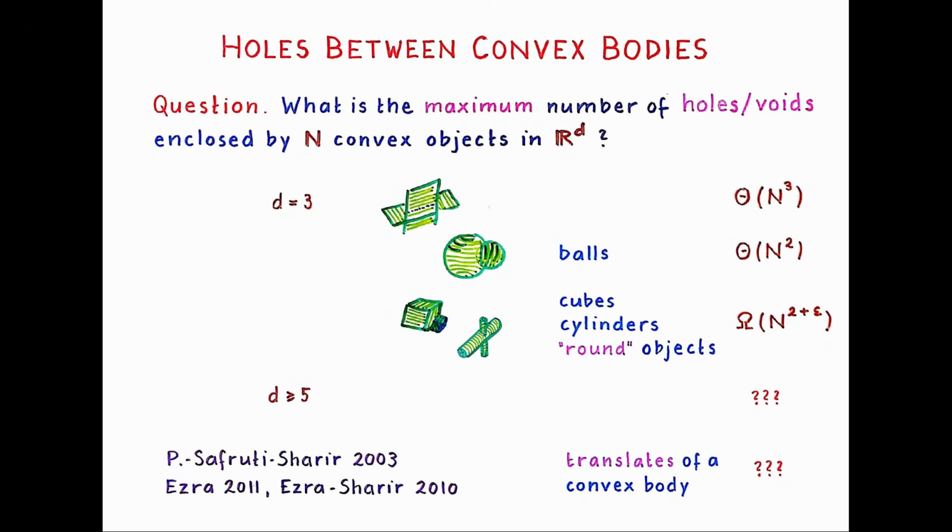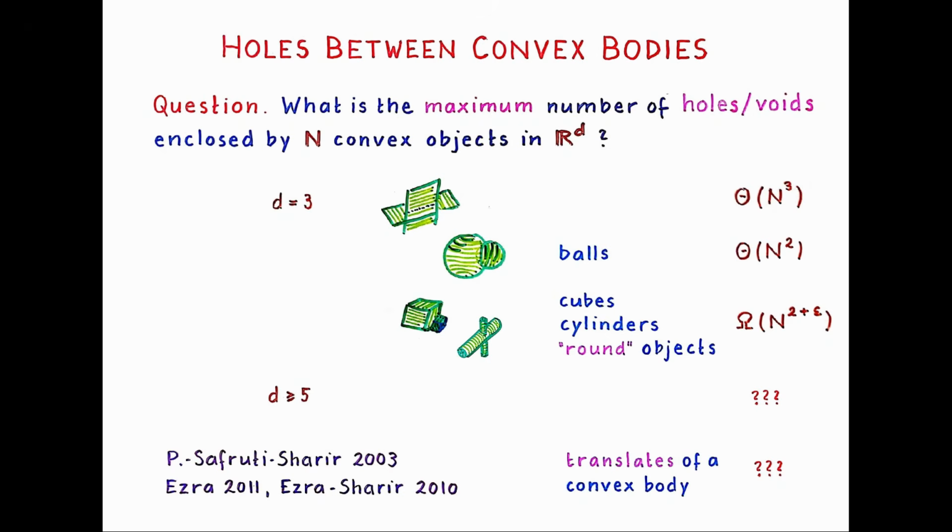But if you have balls, then it goes down to quadratic. And also, it has been proved by several people, mostly students of Sharir, that in 3 dimensions there are other objects like cubes or cylinders and things like that. Then also the truth is close to quadratic. The number of holes is close to quadratic.